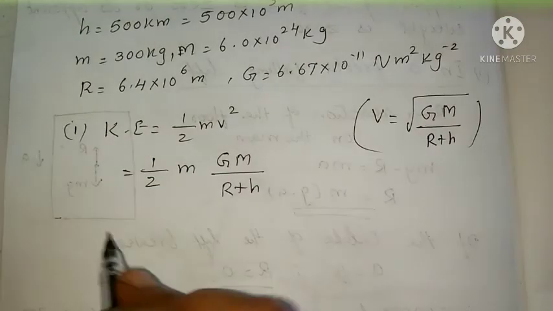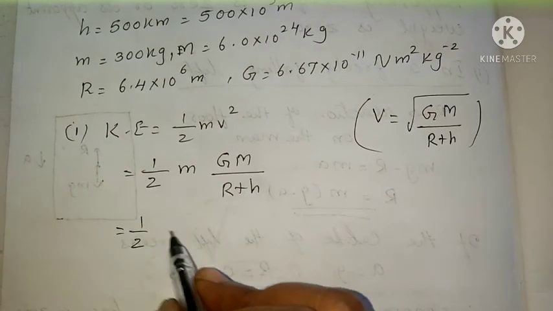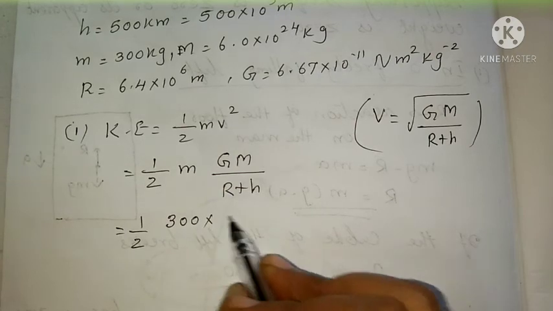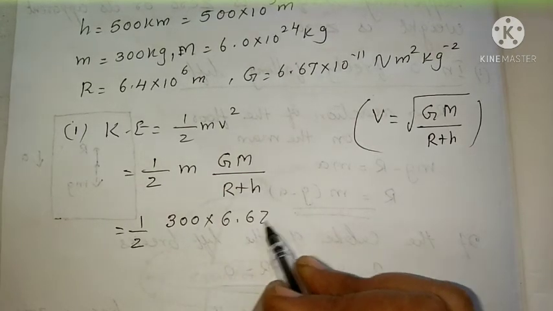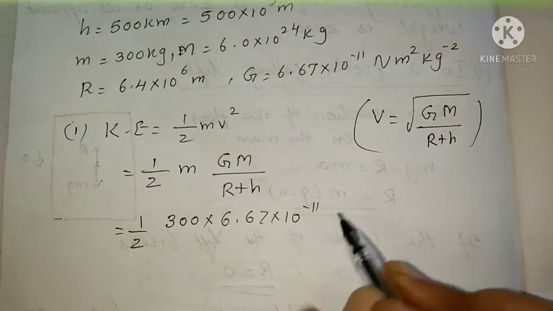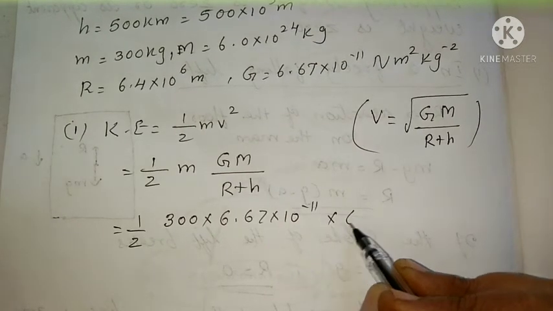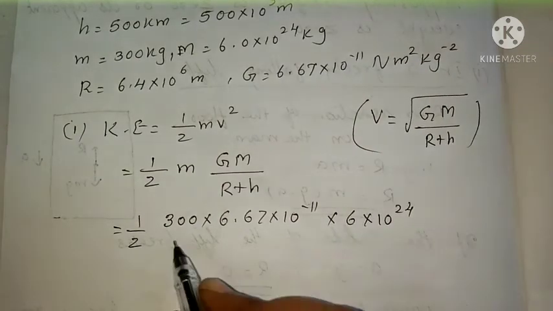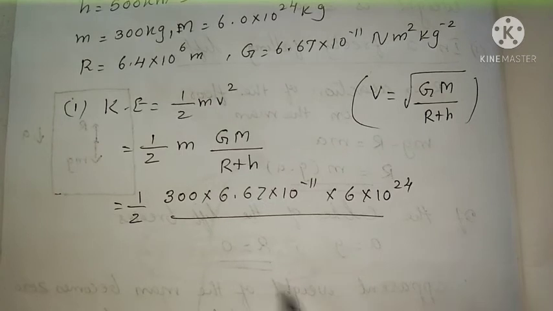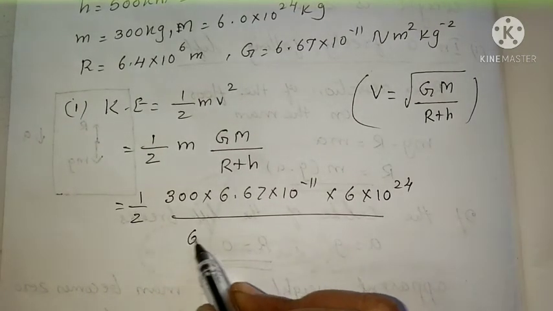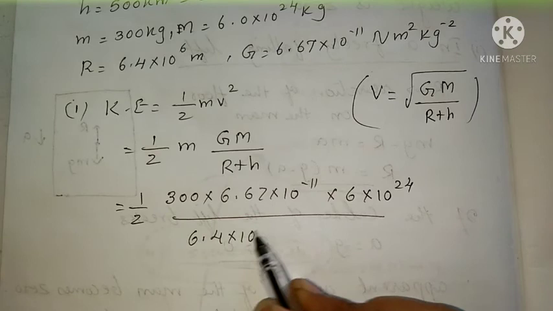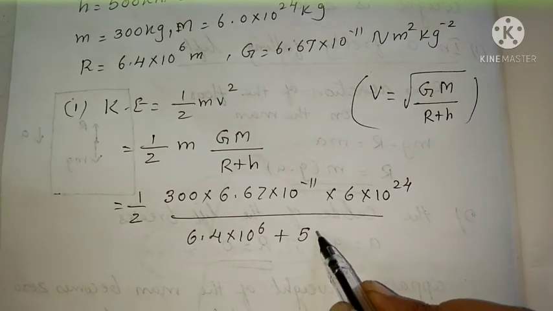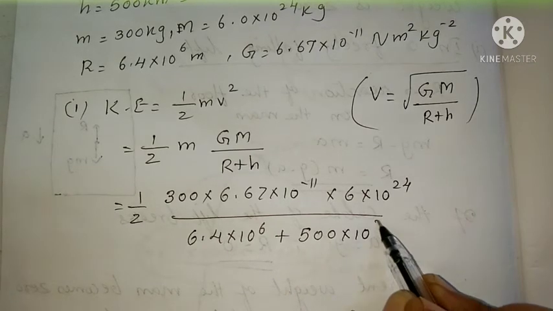Then we can substitute the values: half into small m, mass of the satellite 300, into capital G 6.67 into 10 raised to minus 11, into mass of the earth 6 into 10 raised to 24, divided by capital R 6.4 into 10 raised to 6, plus h equal to 500 into 10 raised to 3.